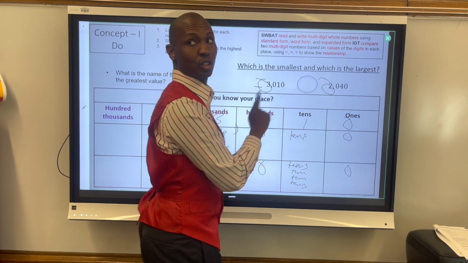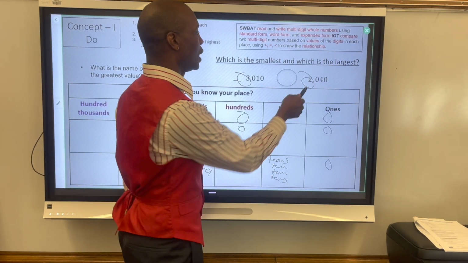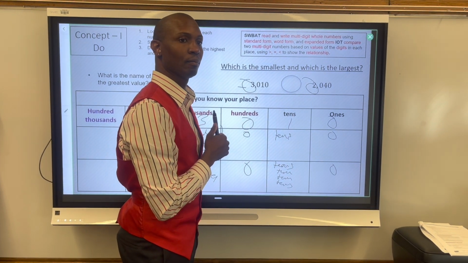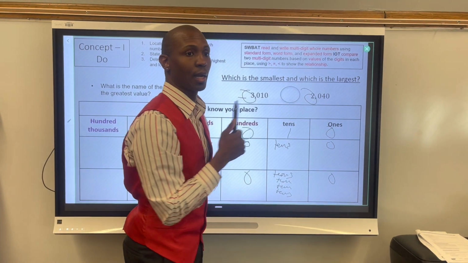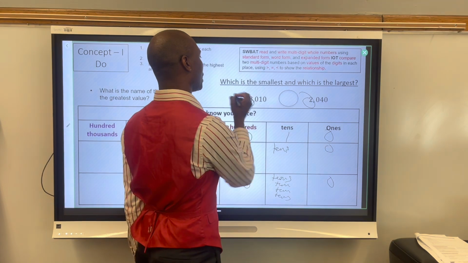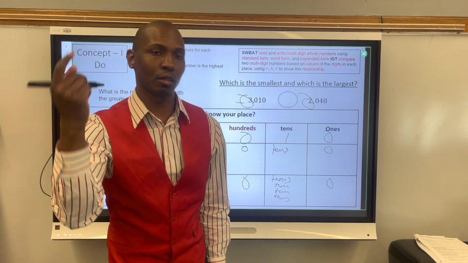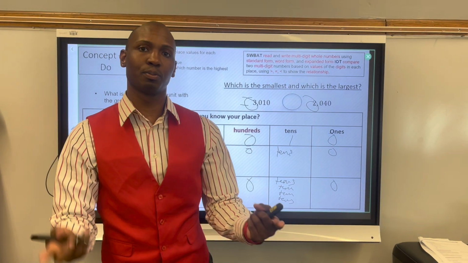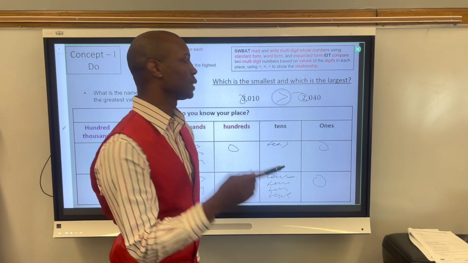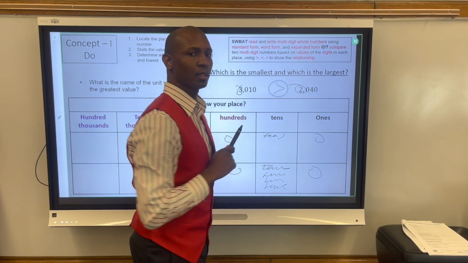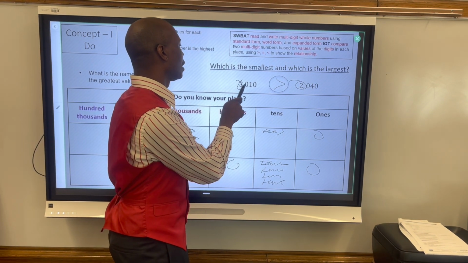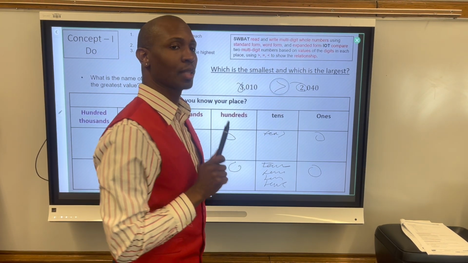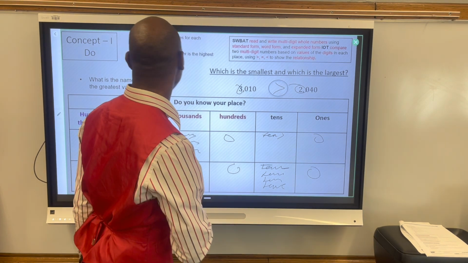Now, which of those 2 numbers are higher or lower? Is 2 greater than 3 based on your number in the count? Or is 3 greater? So because of that, you can think through those concepts and help students explain what that will look like. Placing that 3 is greater than 2. So that makes us have 3,010 is greater than 2,040 by reading that.